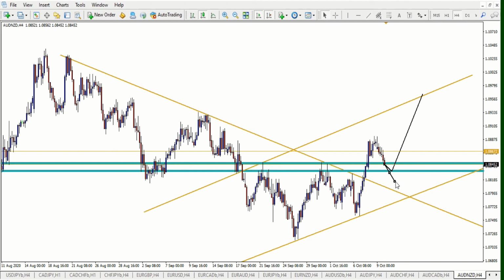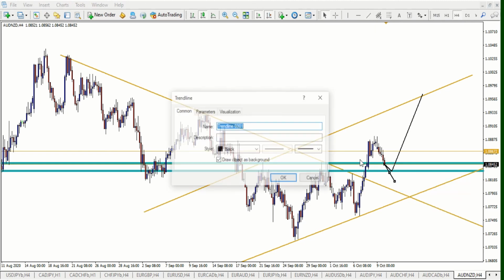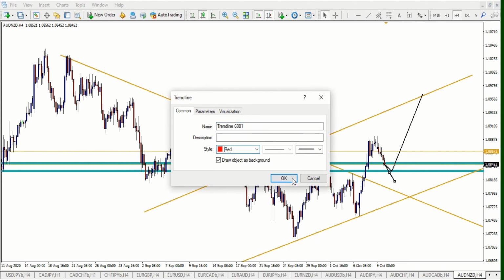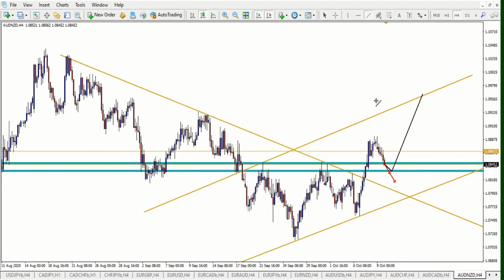breaks down in this region, right? If it breaks down there, then comes back to retest that key level, then moves down. But this wouldn't be a high quality trade for me. I'd only consider it a high quality trade if it breaks through this upward channel there, right?